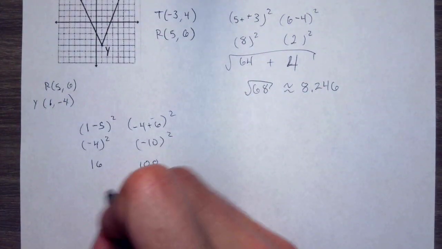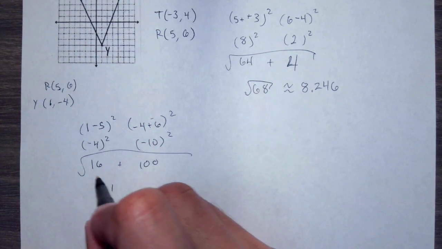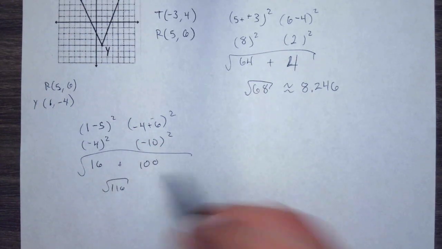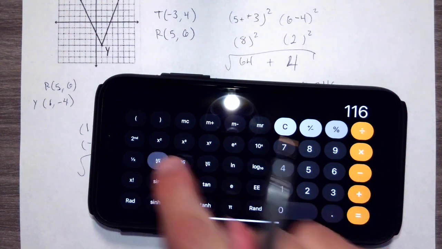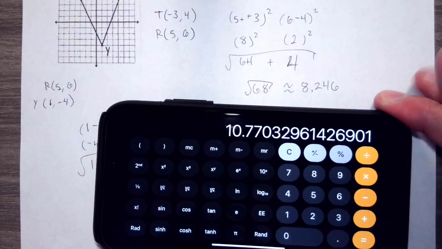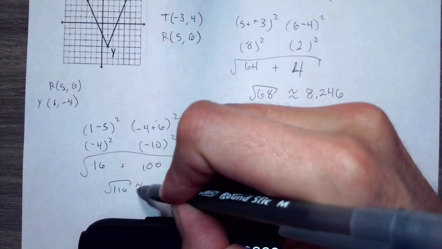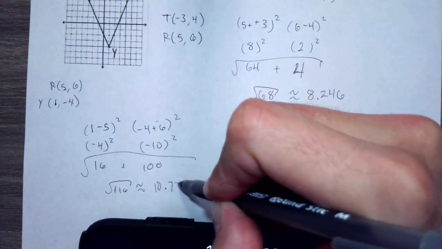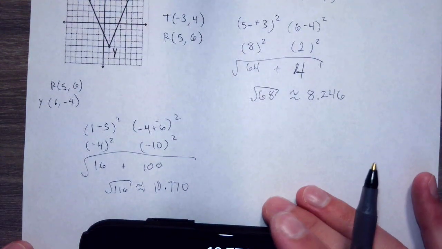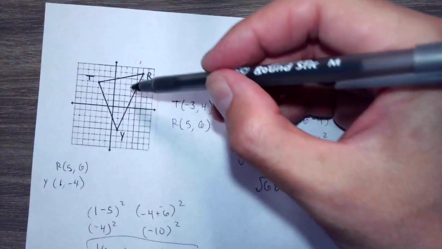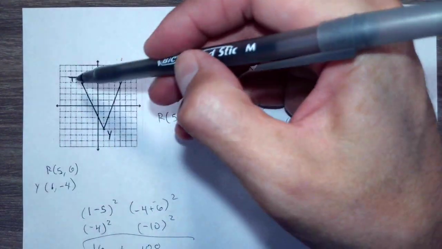And then I get 116 if I'm adding it together and then square rooting, the square root of 116, so approximately 10.770. And then I have this distance, I have this distance, I need TY.